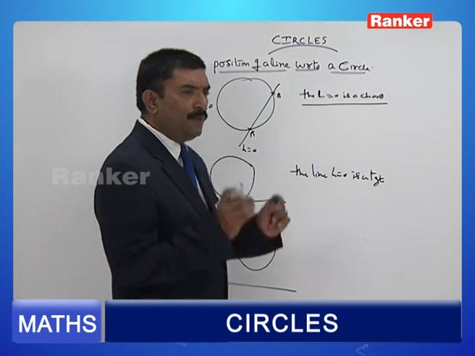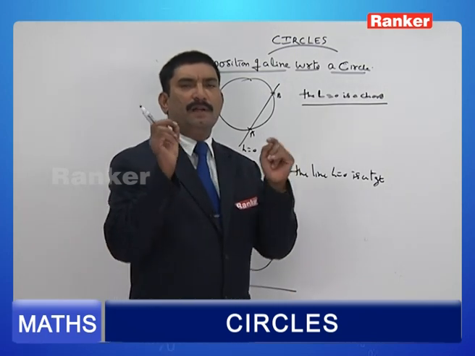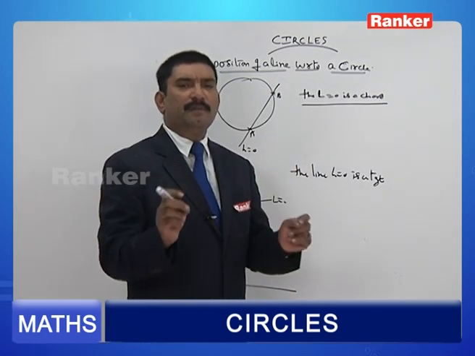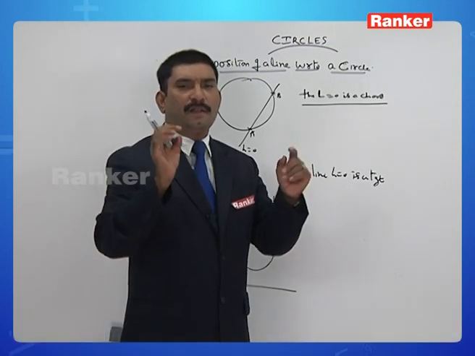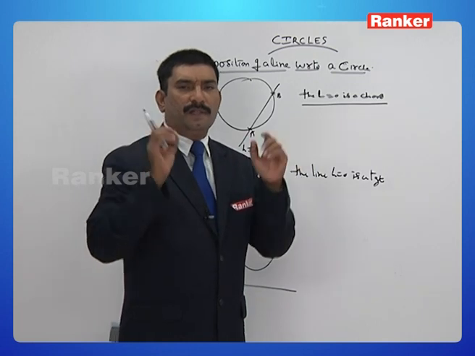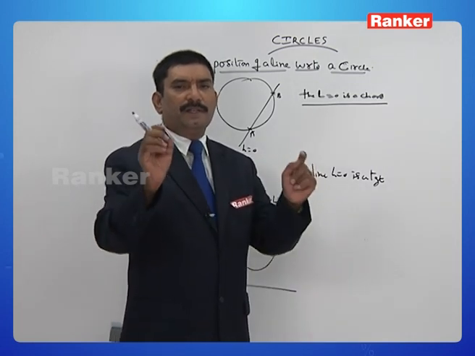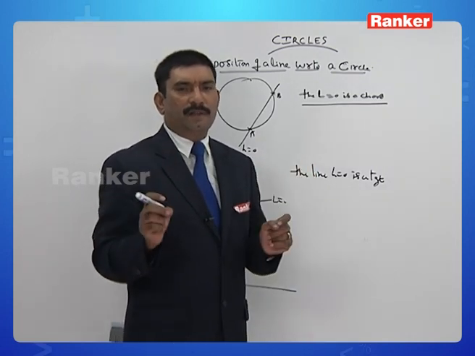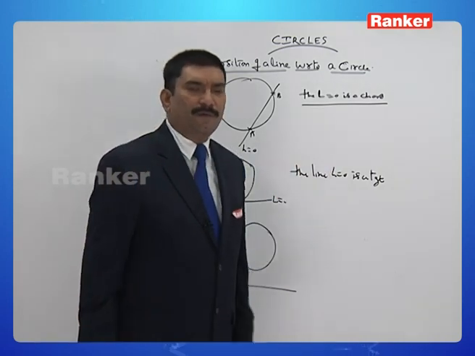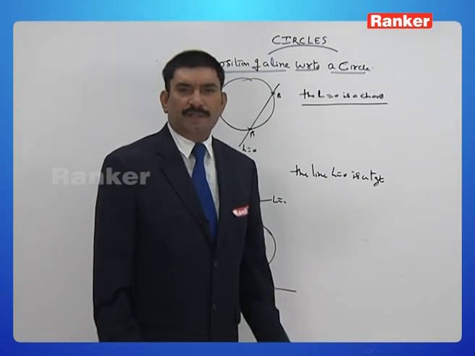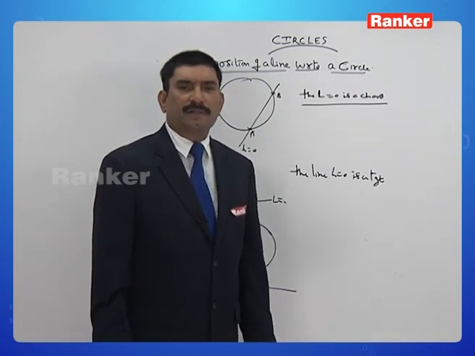Then what is the relevant mathematical condition when a line cuts a circle, when a line touches a circle, when a line neither touches nor intersects a circle? You must have a mathematical representation or a condition for all the three cases, right?